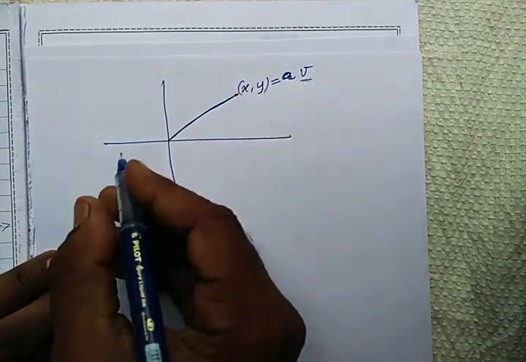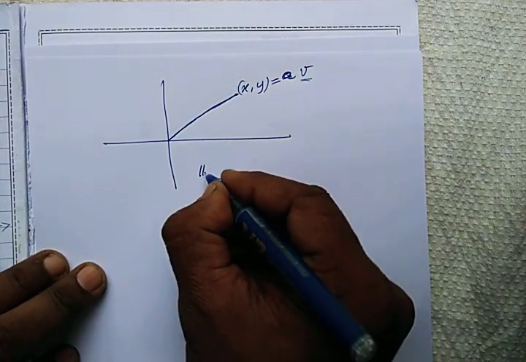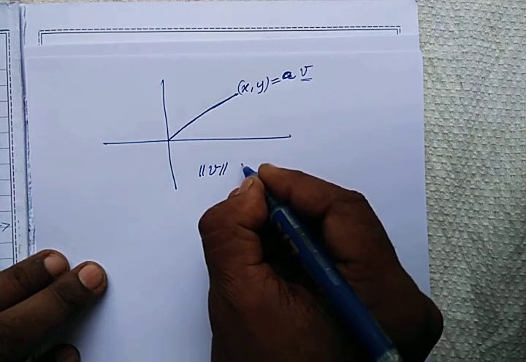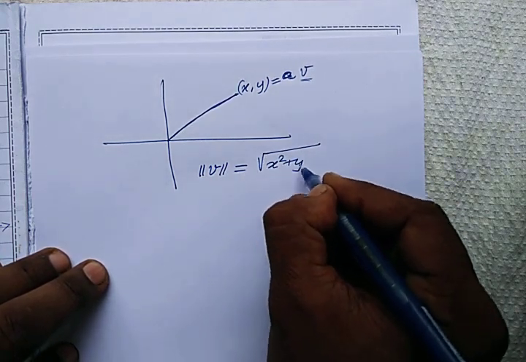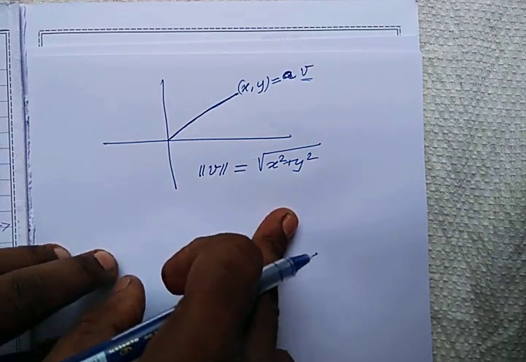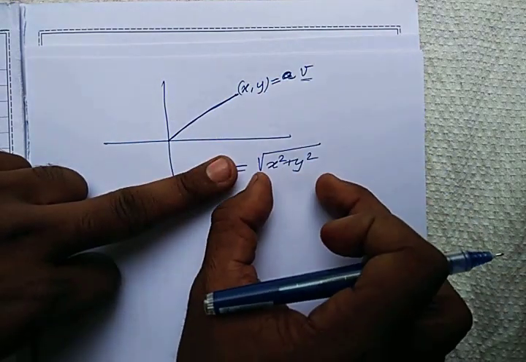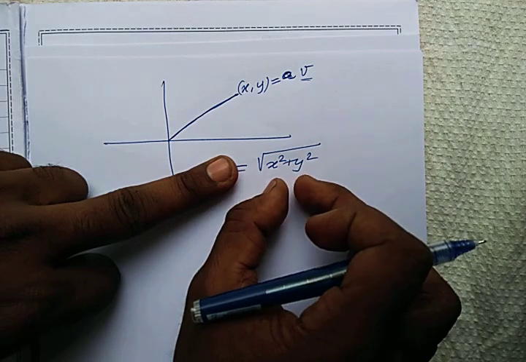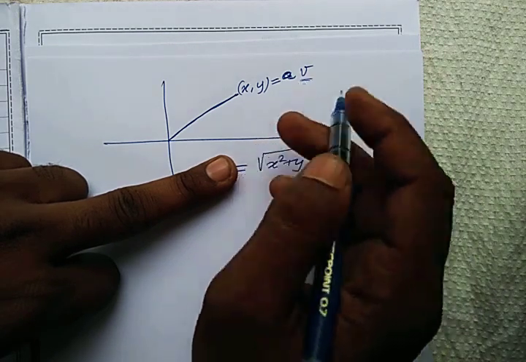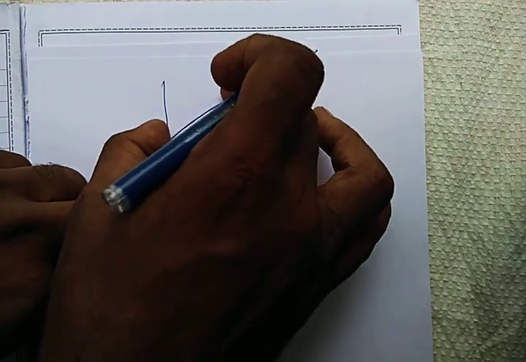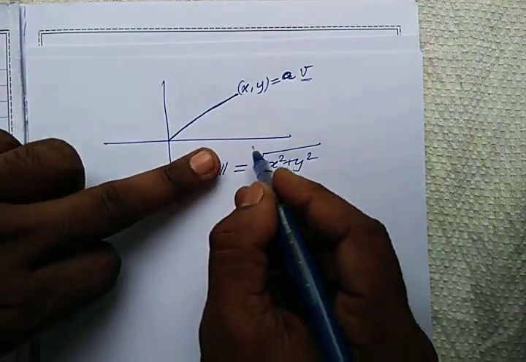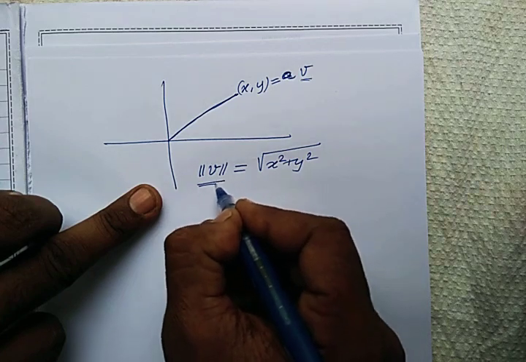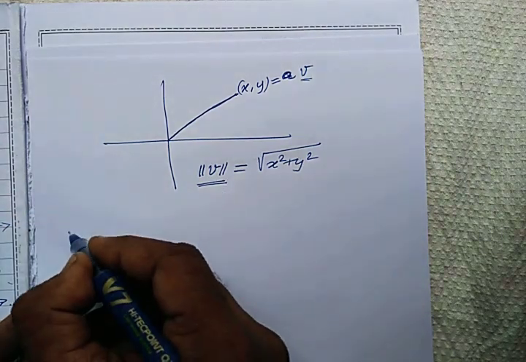This distance is denoted as norm v is equal to square root of x square plus y square, right? This is the distance. So for every vector there is a distance from the origin. So a similar notion is going to be defined now, called norm v.